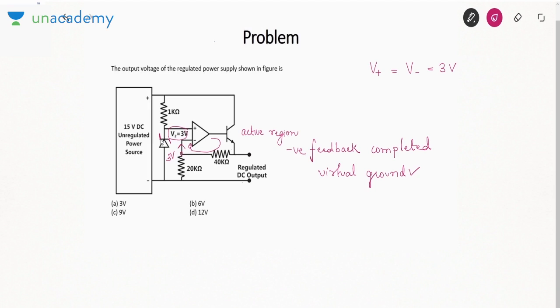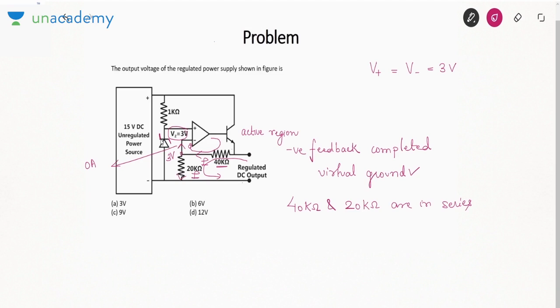We know that the OPAMP does not consume any current. If the OPAMP does not consume any current, then this current I will be the same as this current I. So if you apply KVL, you can see that both 40 kilo ohm and 20 kilo ohm are carrying the same current. So we can say 40 kilo ohm and 20 kilo ohm are in series.